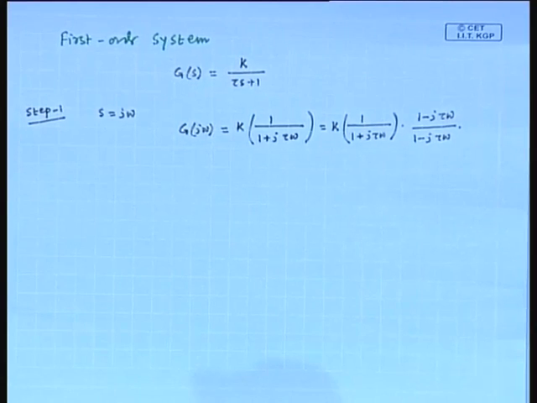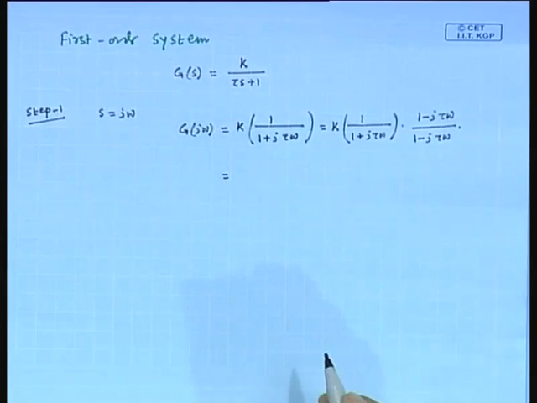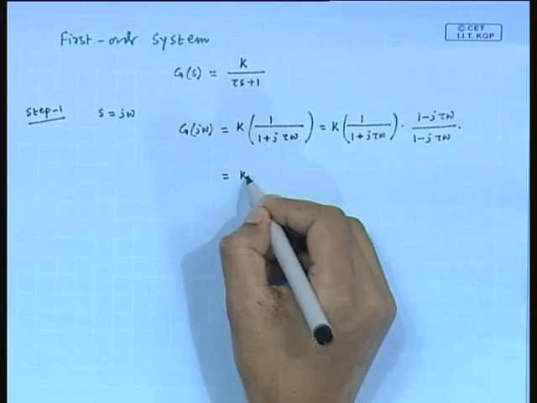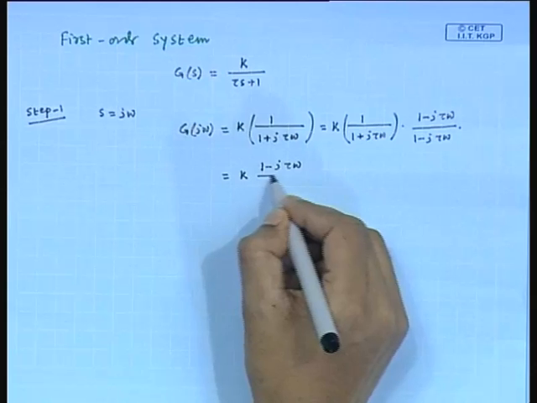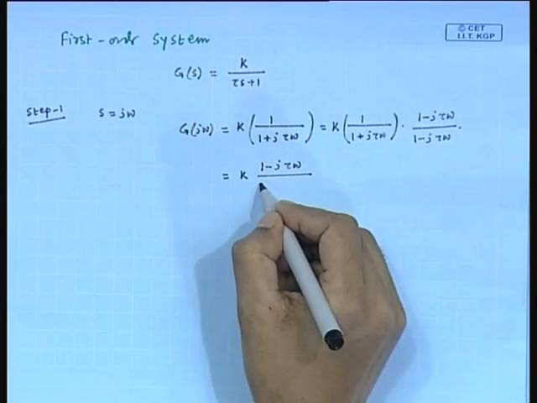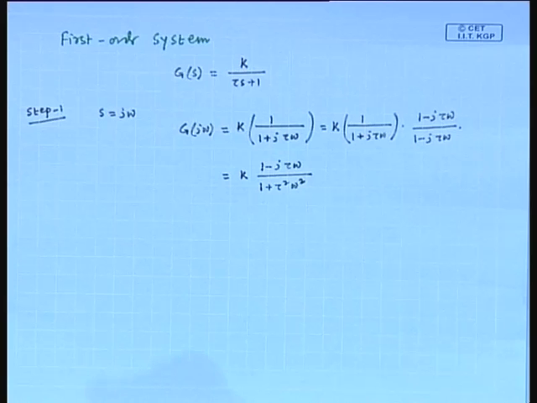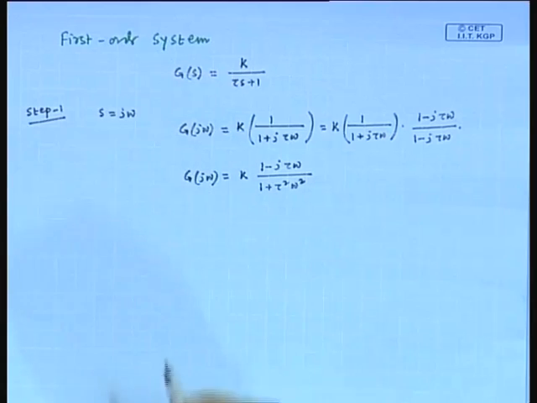So, this is equal to K times (1 minus j tau omega) divided by (1 plus tau square omega square). After substituting s equals j omega, we obtain this form.